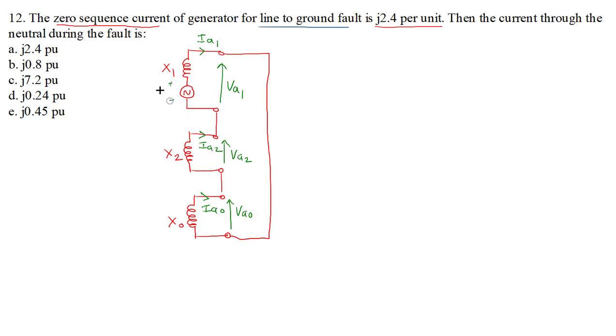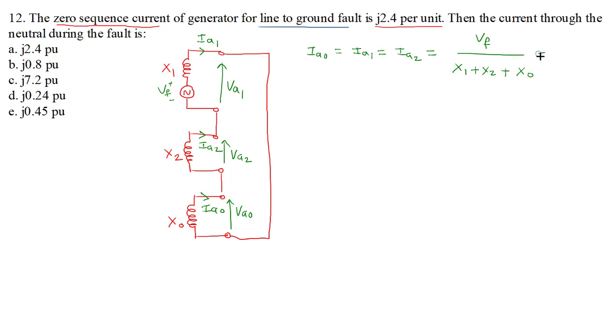So this is our source voltage, let us say VF. Then we can write that all the three networks are connected in series, so IA0 will be equal to IA1 will be equal to IA2, and by Ohm's law we can write this as VF divided by X1 plus X2 plus X0.